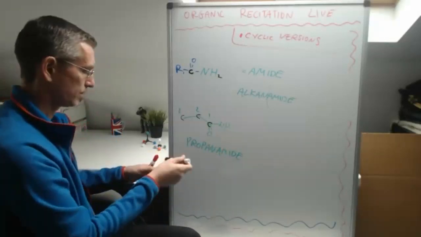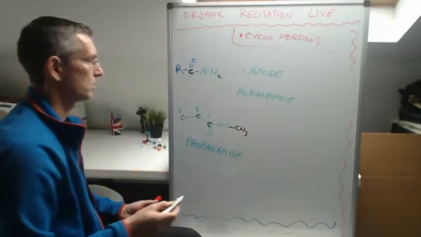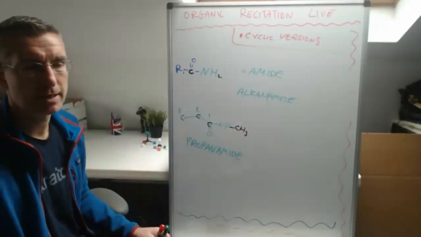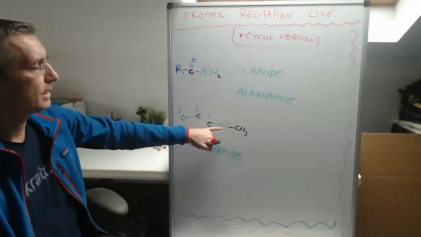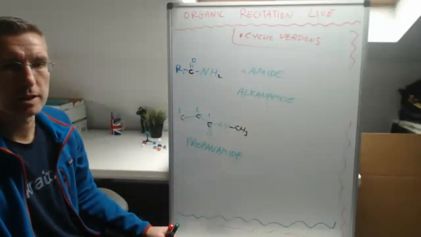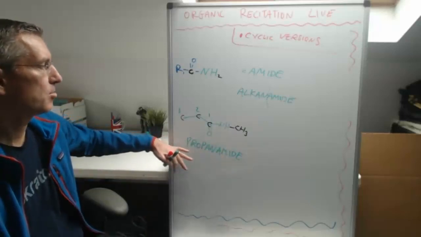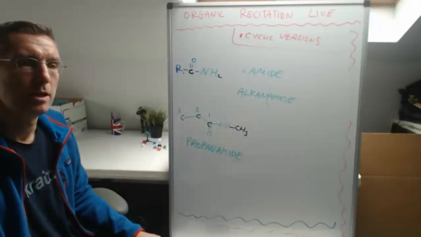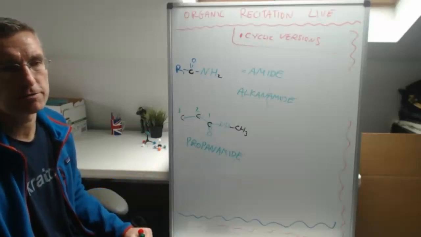If you then were to talk about a secondary amide, so now you have your amide linkage, but the nitrogen now has another alkyl substituent. So the naming of this is still some type of propanamide, but it's a propanamide with a methyl substituent on the nitrogen.